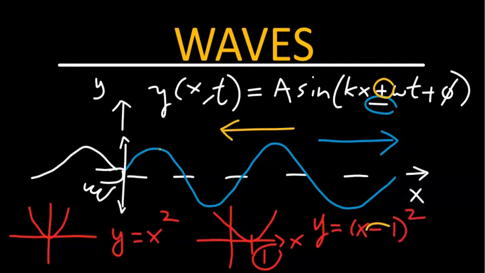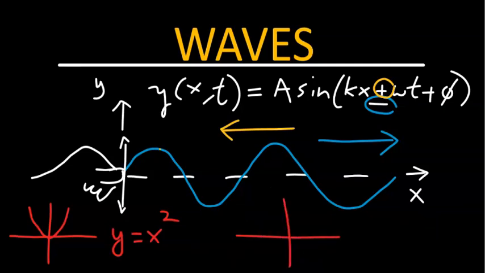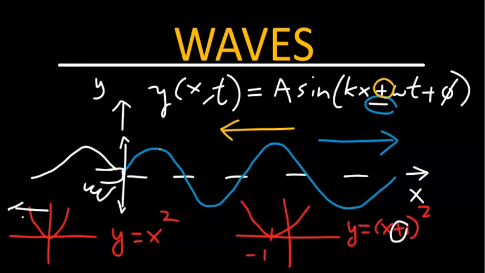Do you see the connection between the minus sign and the direction of propagation of that signal, in this case the parabolic signal? Likewise, if you have such a graph, and this point here is minus 1, then we write the equation for this graph as (x plus 1) squared. Again, you can see the connection between the positive sign and the direction of movement of this graph to the left.